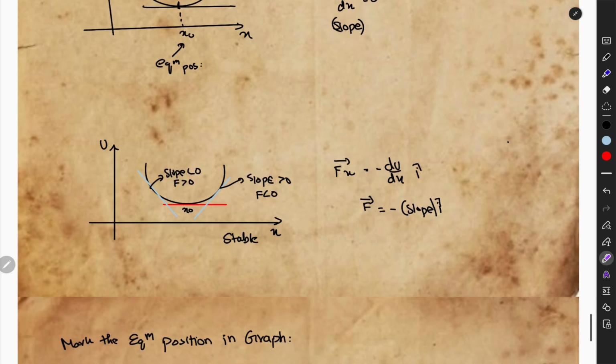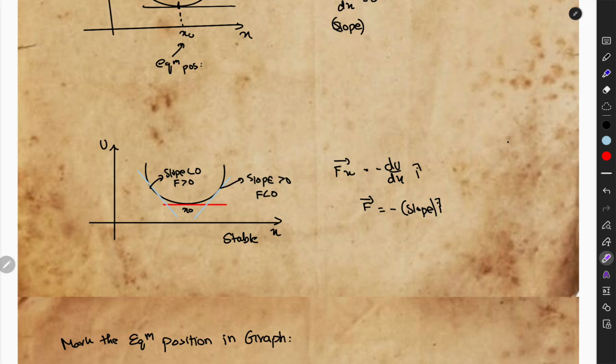So what about this? According to the definition, we know that F is equal to minus dU/dx, and minus slope means at this point the slope is positive, so the force will be negative. At this point, the slope will be negative and the force will be positive, and this will be the equilibrium point.